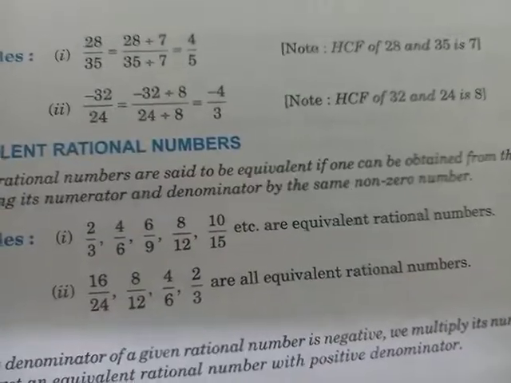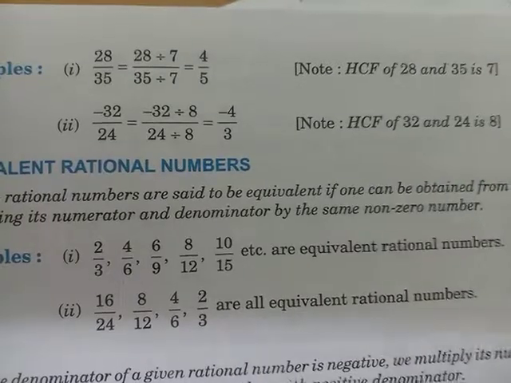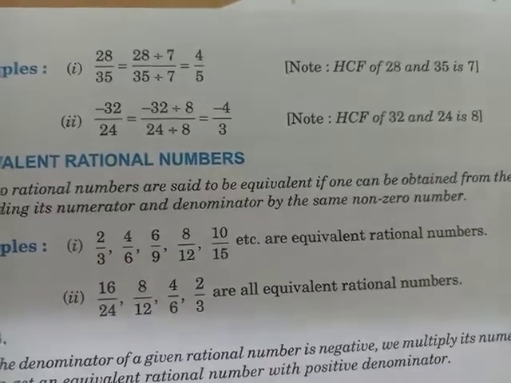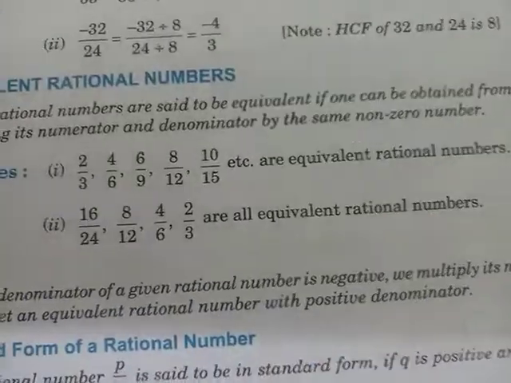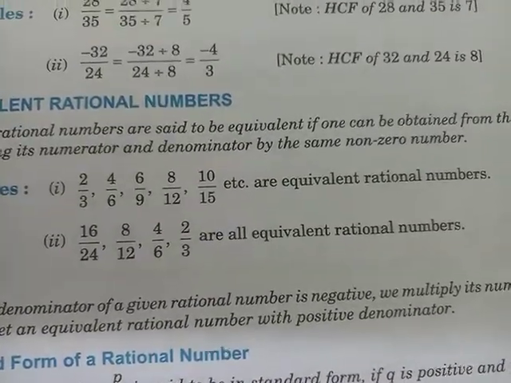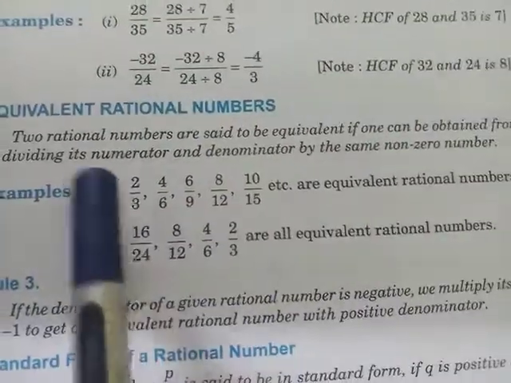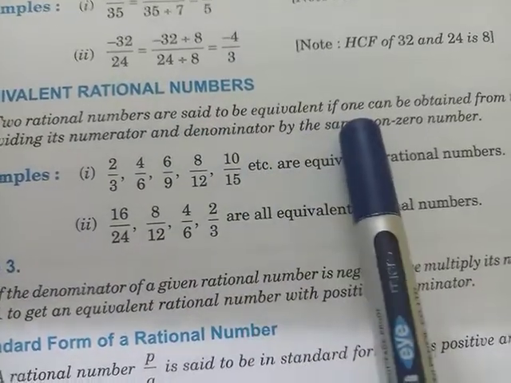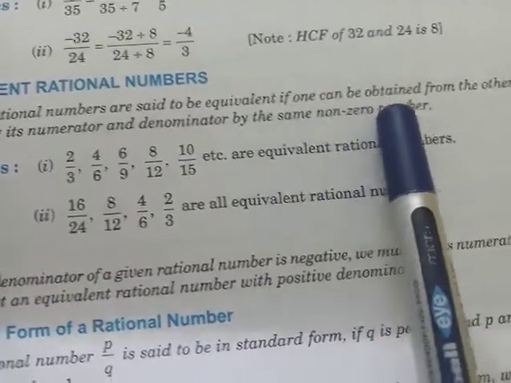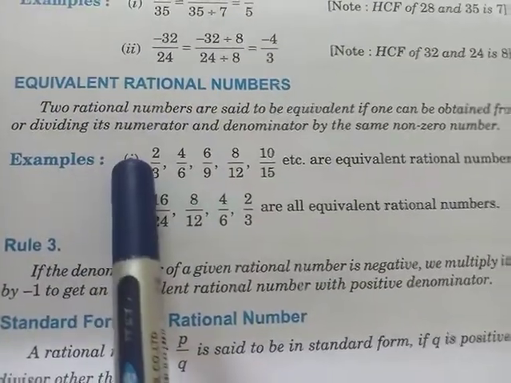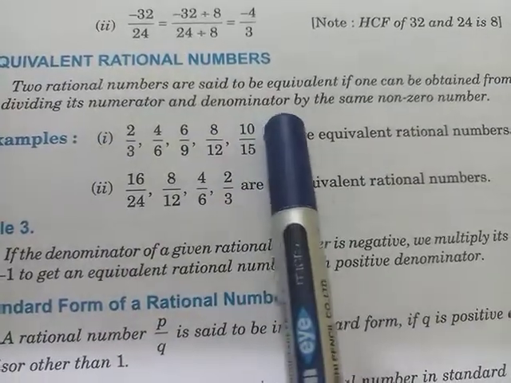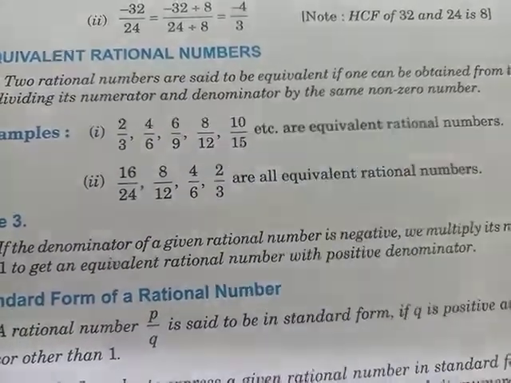As I told you, we can multiply any number in the numerator, then the same number is to be multiplied in the denominator also to make the fraction equivalent. Two rational numbers are said to be equivalent if one can be obtained from the other by multiplying or dividing its numerator and denominator by the same non-zero number.